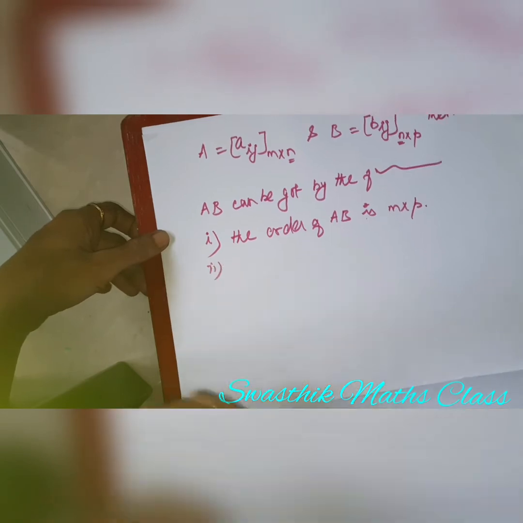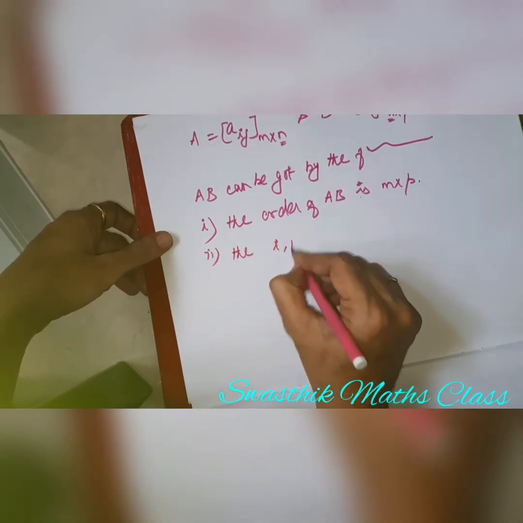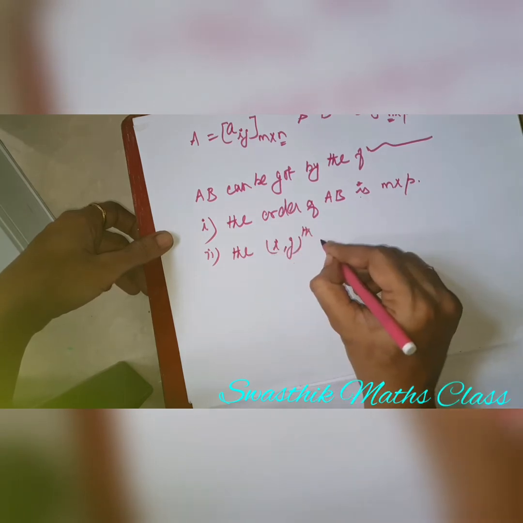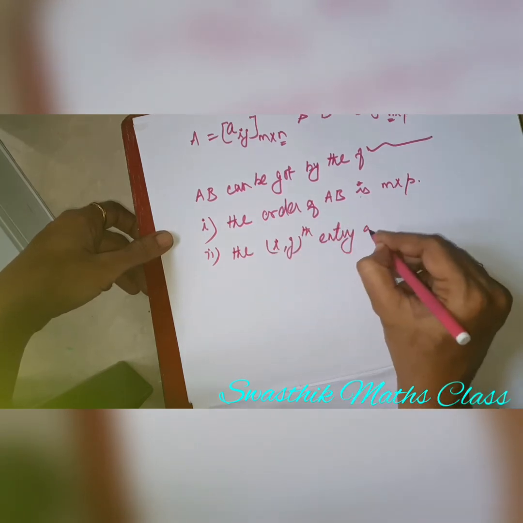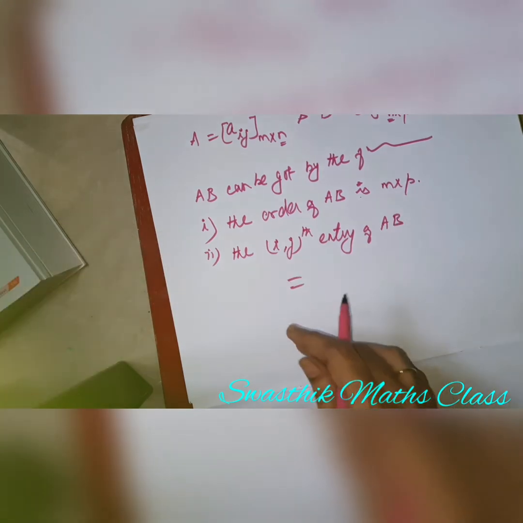And the second thing, the ijth entry of AB is determined by the formula.